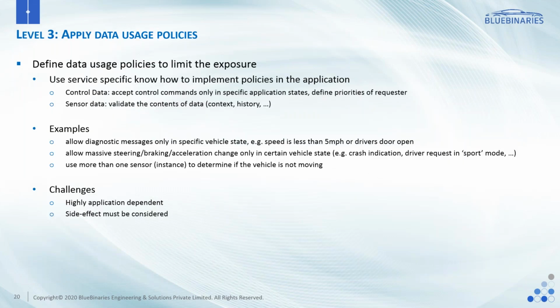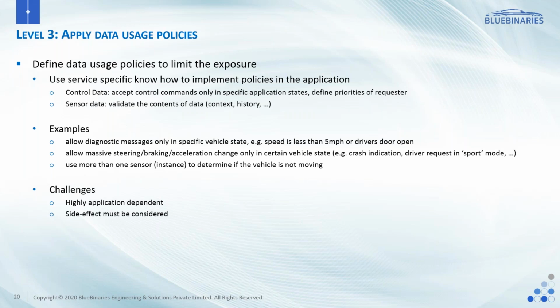Then you can also apply security or policies on the data usage. So you can define data usage policies to limit the exposure, where a sender and receiver are restricted to a particular VLAN and use a service specific node to implement policies in the application.